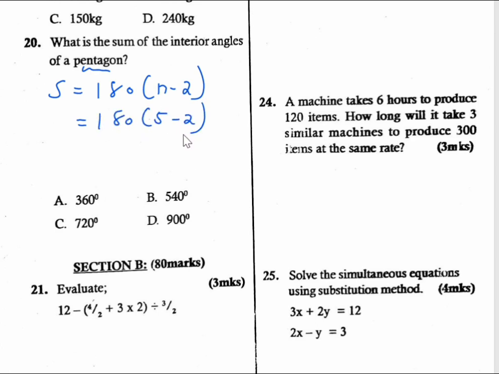I'm going to do what is inside the bracket first. 5 minus 2 is 3. This is 180 multiplied by 3, which gets 540 degrees. I can see the correct option is B. Therefore the sum of interior angles of a pentagon is equal to 540 degrees. So that is how we solve that question.